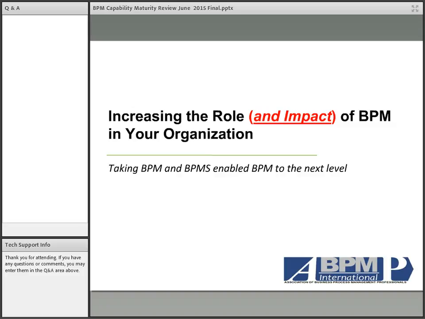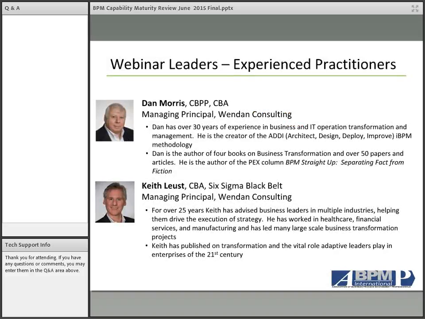Our presenters today are Dan Morris and Keith Loyce. These are both, in spite of the fact that they're wearing jackets in their pictures, really sleeves-rolled-up, hands-on guys who have a lot of experience working with business transformation, process improvement, that sort of thing. Both of these guys also have done a lot of work in thinking through what's going on in this environment and what kind of changes are emerging.